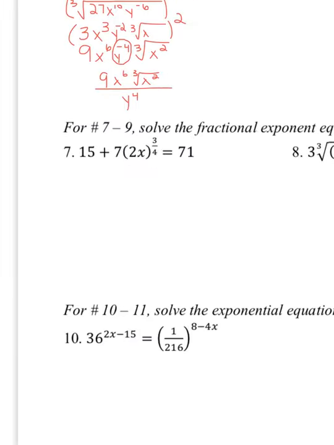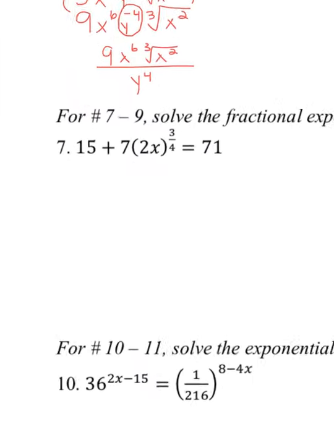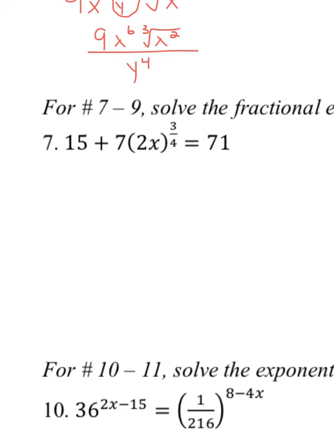Number 7, we have fractional exponent equations. So first I'm going to subtract the 15 and then divide by 7. When I subtract the 15, I get 56, and then divided by 7, I get 8. So right now I have 2x raised to the 3/4 power equals 8. To get rid of that 3/4 power, I raise both sides to the 4/3.